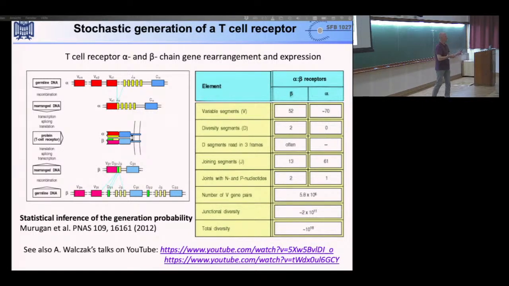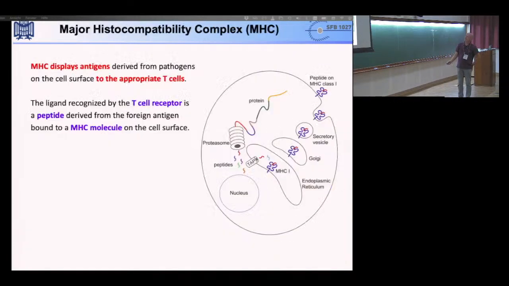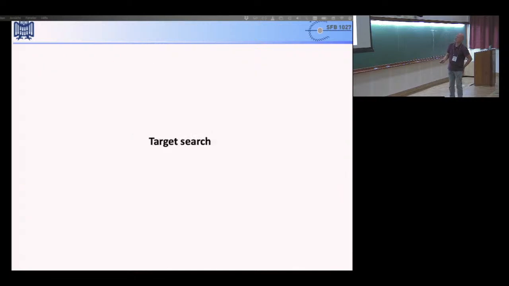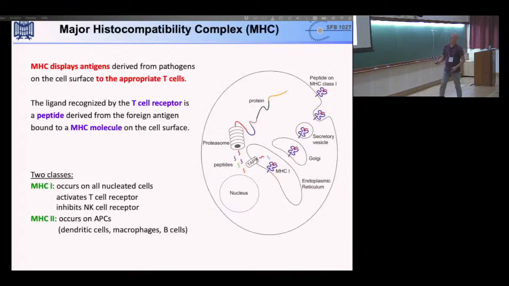The reprogramming means they now start to produce this cytotoxic material. They also start to proliferate, so that you get a large pool of the right T cells, specific for the intruder. Okay, so now you all understand how this works. Remember, this is how T cells get their specificity to foreign antigens.